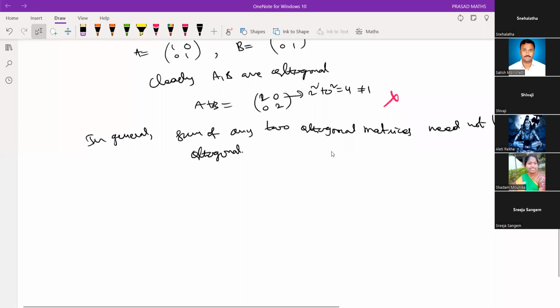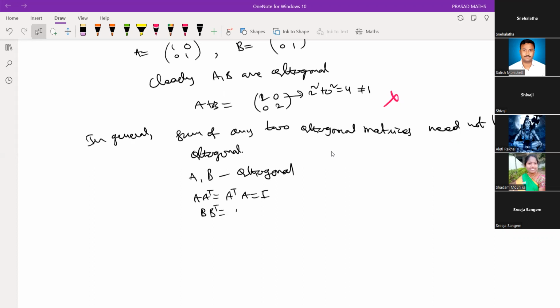Look at this. Suppose A and B are orthogonal. That means A into A transpose equals A transpose into A equals the identity matrix, and B into B transpose and B transpose into B should be I. That is my definition. Look at the sum A plus B times its transpose, A transpose plus B transpose.